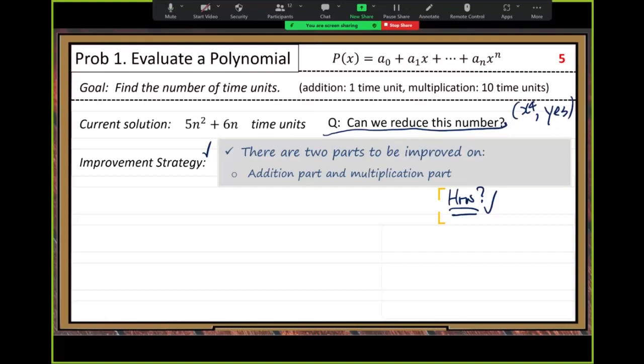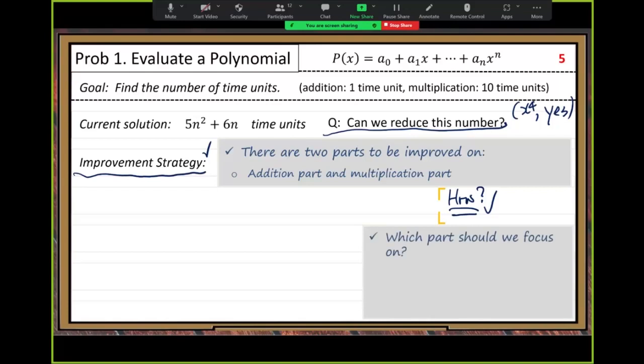Here we have an improvement strategy for this situation. Which part should we focus on when we have two parts? In other computing problems, you may have multiple parts. For this particular problem, we only have two parts, so it's relatively simple.